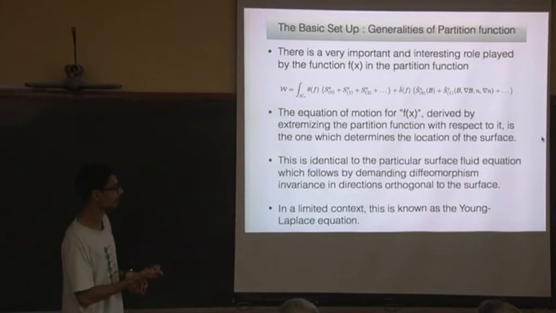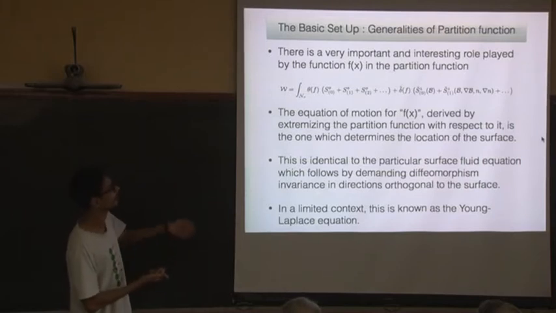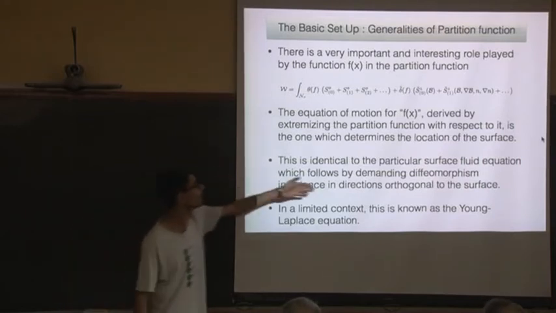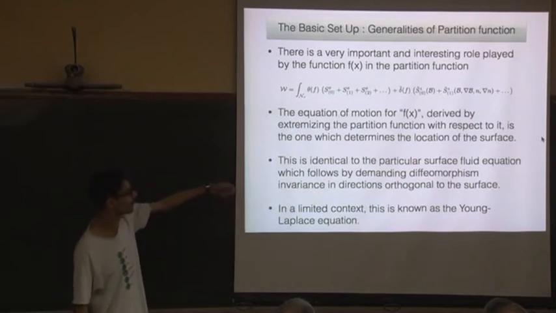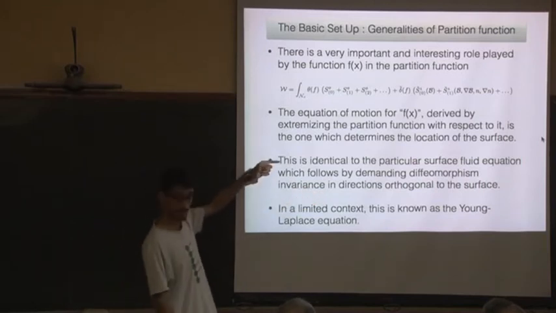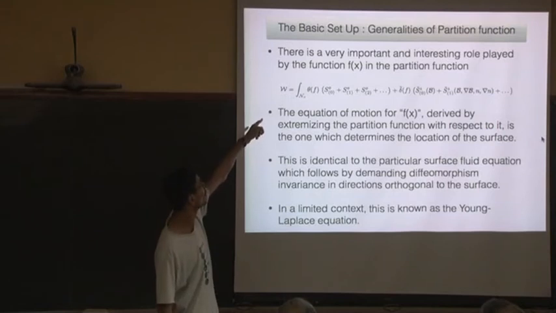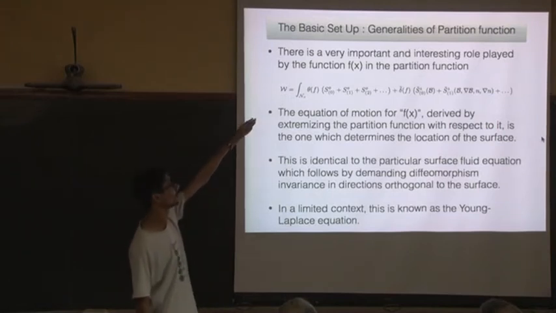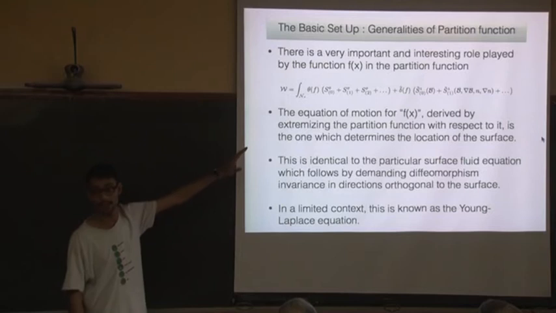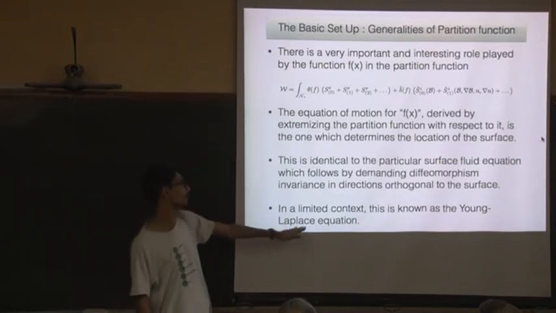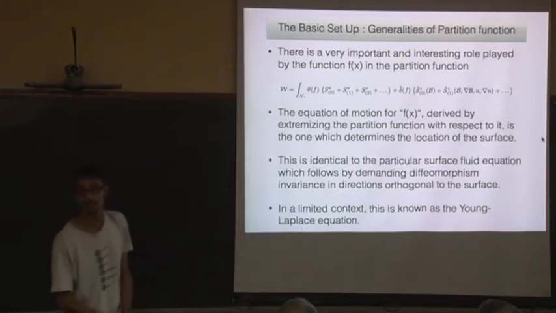That equation comes from demanding diffeomorphism invariance in directions normal to the surface, and that appears to be the same if you vary this partition function with respect to f and obtain an equation. These are known as the Young-Laplace equations.